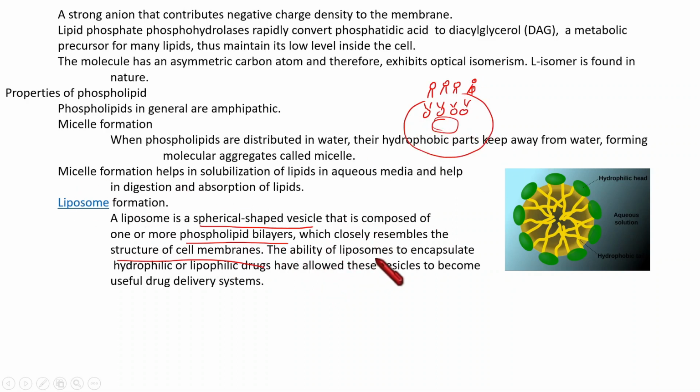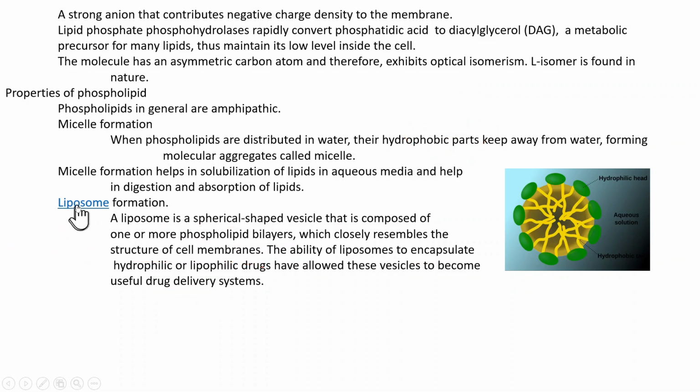And the ability of this liposome is that it can encapsulate, it can carry hydrophilic or lipophilic drugs inside, and allow this vesicle to become a useful tool for drug delivery. So that is the importance.